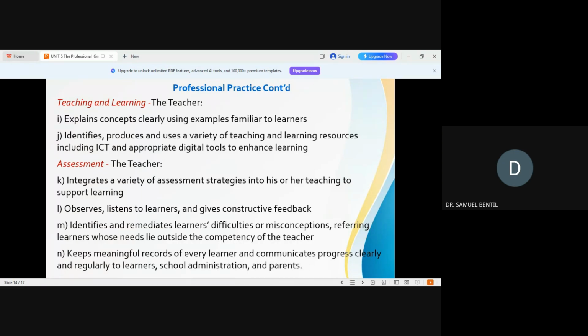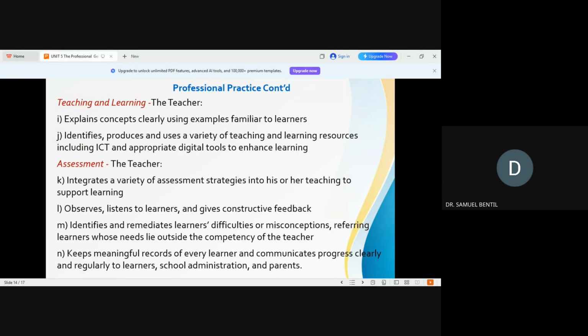The third leg is the assessment. And here we are saying that the teacher must integrate a variety of assessment strategies into his or her teaching to support learning, must observe, listen to learners, and give constructive feedback.